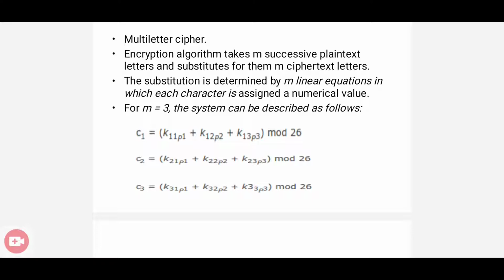Then what about K11, K12, etc.? It is a key, a 3 by 3 matrix. Why are we using a 3 by 3 matrix here? Because we are using 3 linear equations. We are converting 3 plain text letters at a time, so we can use the key as a 3 by 3 matrix.